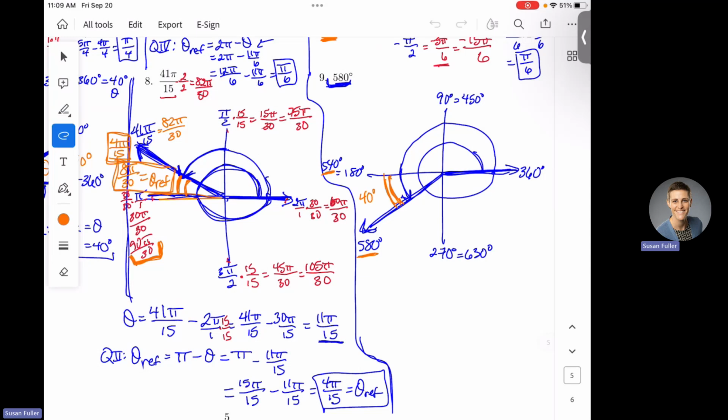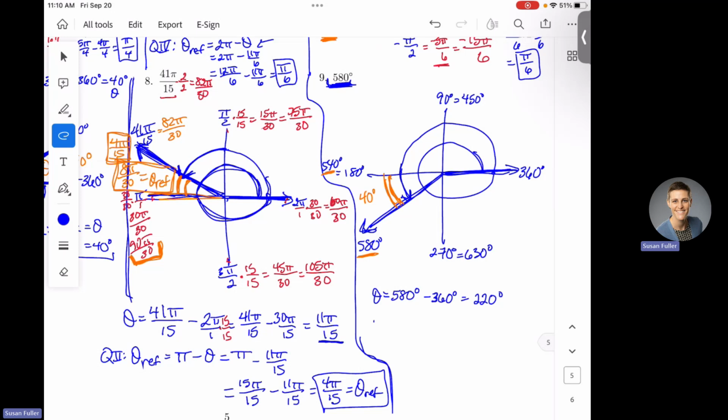And if you wanted to use our formulas from class, this is bigger than 360 degrees, so I can't use that in my formulas. I would have to find a theta value that's coterminal with that, but between 0 and 360. So I would have to take 580 and subtract 360 to get a coterminal angle that's less positive. And when I subtract those, I would get 220 degrees. That's between 0 and 360 degrees, so I'm good there.